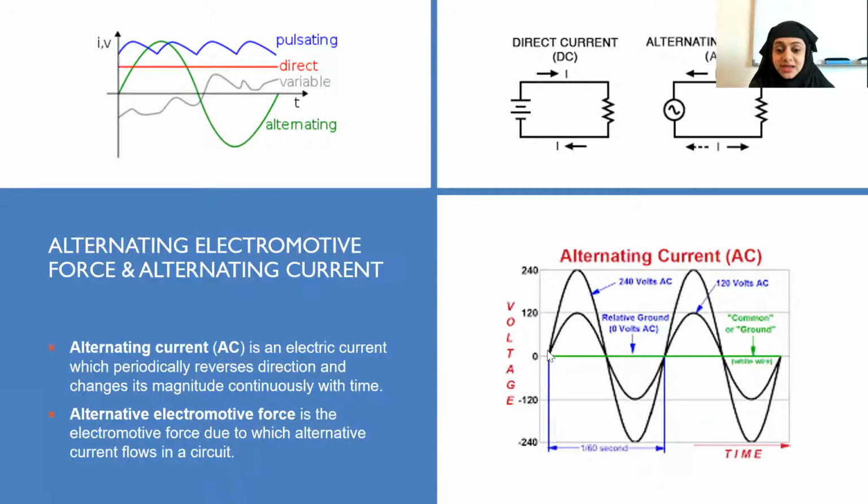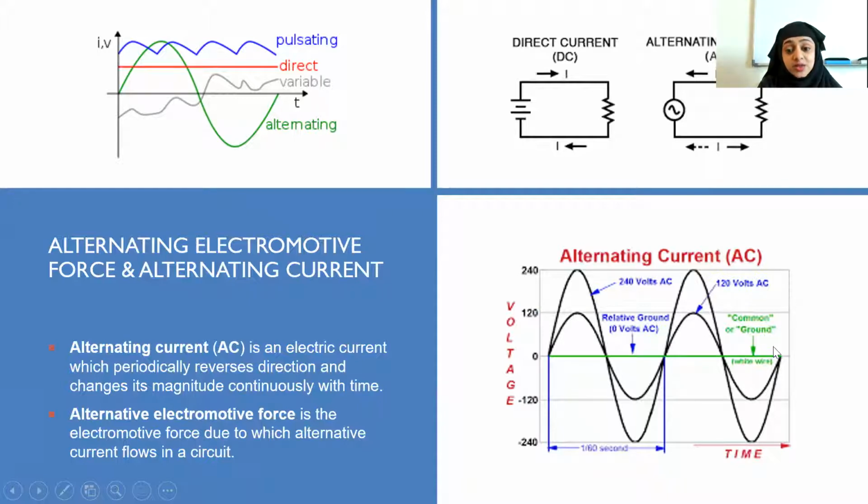Here you can see different alternating voltages or alternating EMF. One of them has a maximum value of 120 volts. So here, see, it varies from 0 voltage, goes up to a maximum of 120 volts, and then it goes to 0 again, reverses its direction, again goes to a value of minus 120 volts, and then goes to 0.